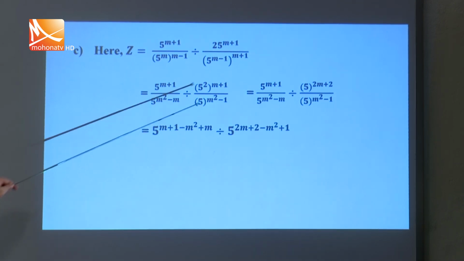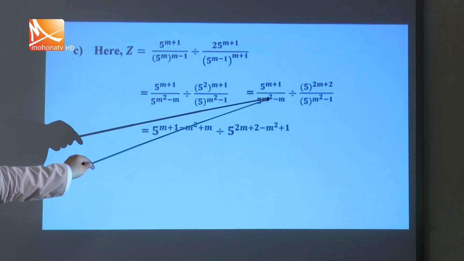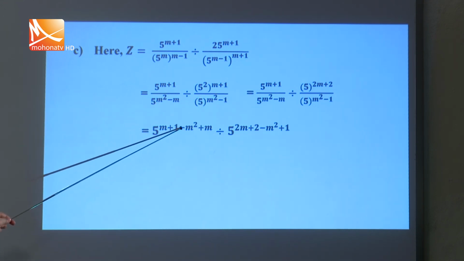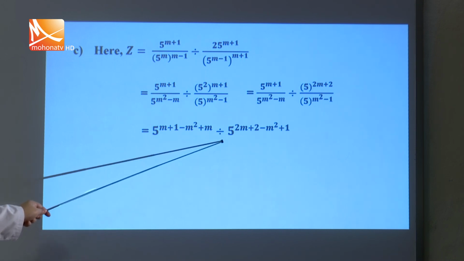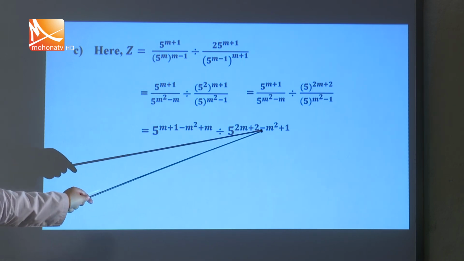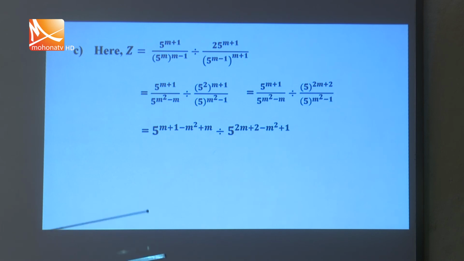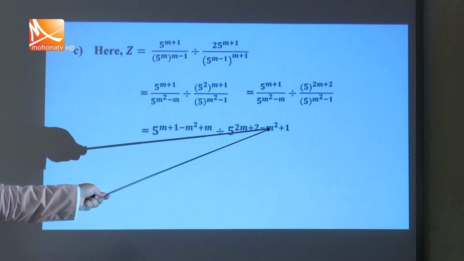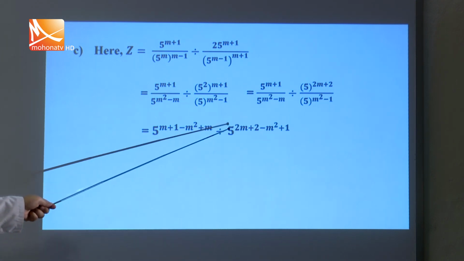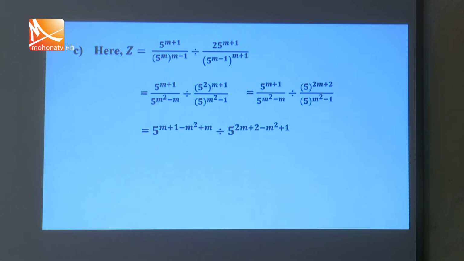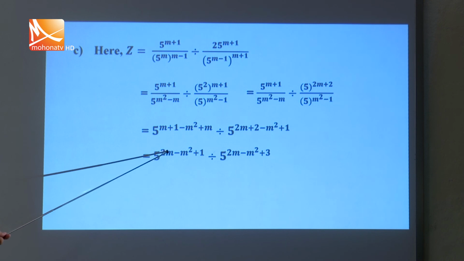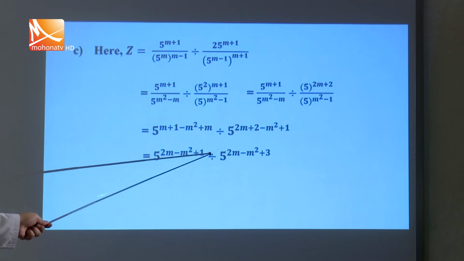And then since bases are equal here and there is a division sign, so we have to subtract their powers, that is 5 to the power m plus 1 minus m square plus m, divided by 5 to the power 2m plus 2 minus m square plus 1, because if we multiply something by minus 1, the sign changes, and then we can do addition and subtraction here. So, we have 5 to the power 2m minus m square plus 1.